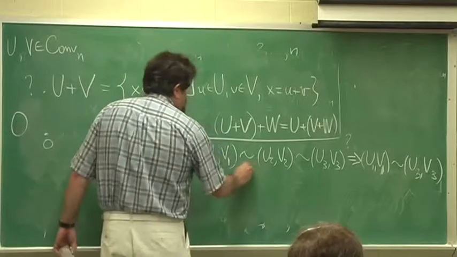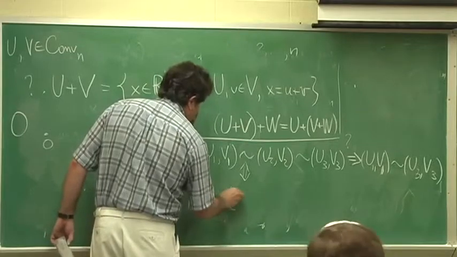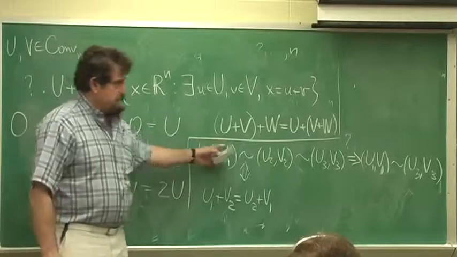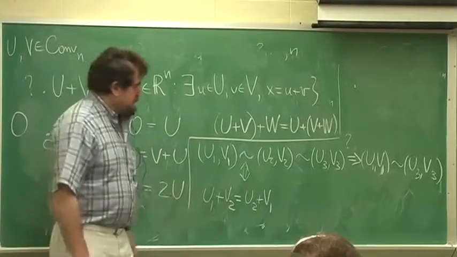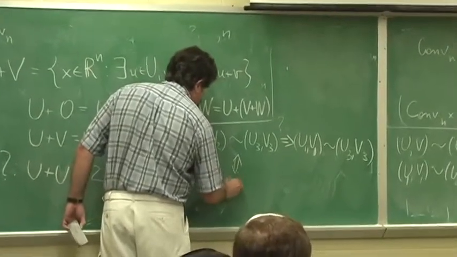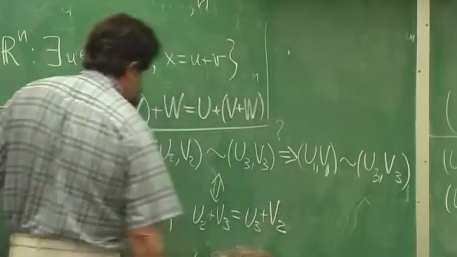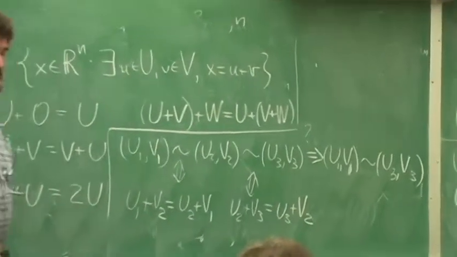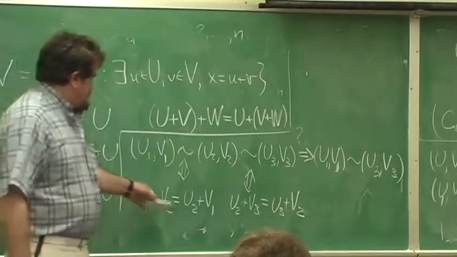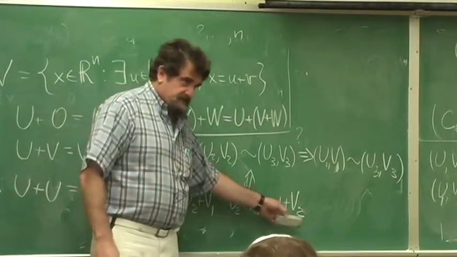Okay, let me translate. This means that U1 plus V2 is U2 plus V1. This means that U2 plus V3 equals U3 plus V2. Add them up. Add this to this, and it is going to be equal to this plus this. Correct?